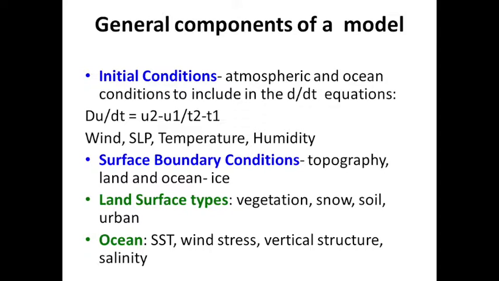To run a model, to integrate a model, we need basically two things. One is initial conditions. We need to give to the model, or to the equations, the conditions that happen in, for example, one day.